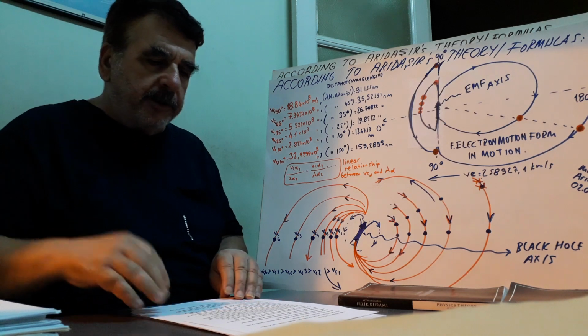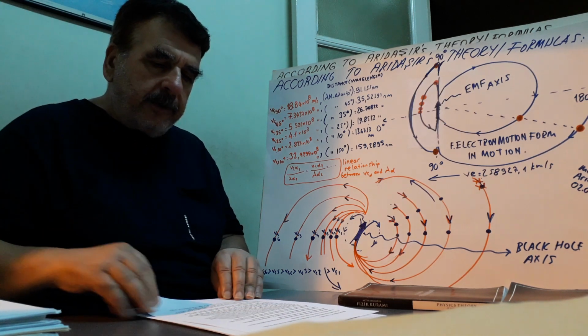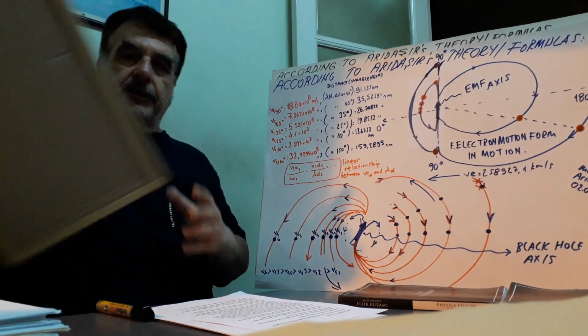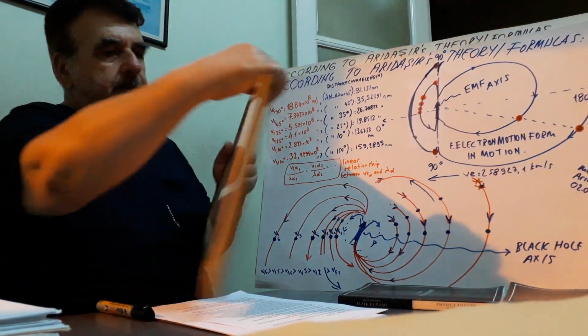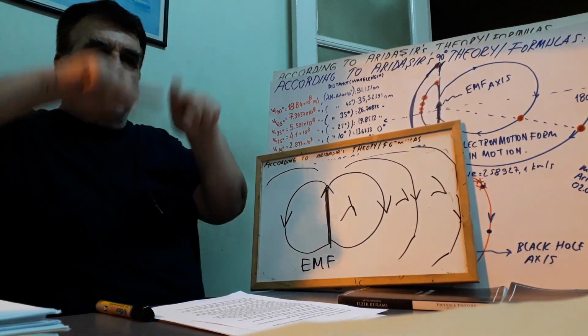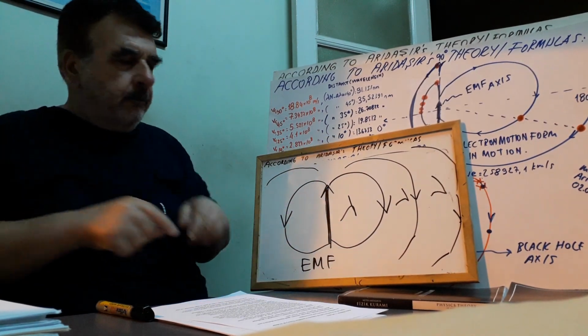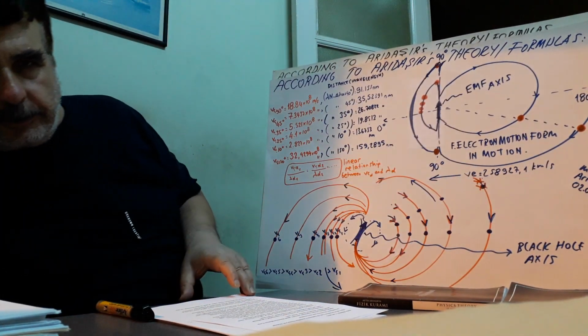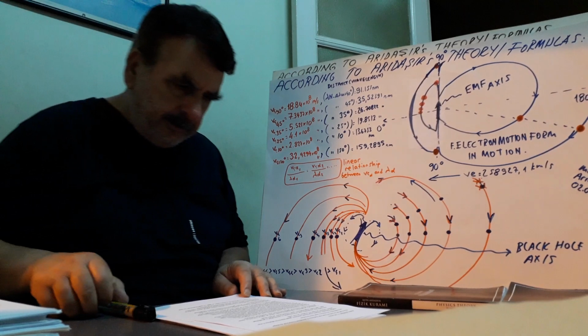Arıdaşır's main explanation: each cycle of an electron motion form is bidirectional. Remember, like this, bidirectional, in the context of two-dimensional projection.